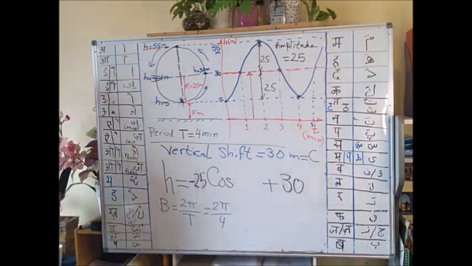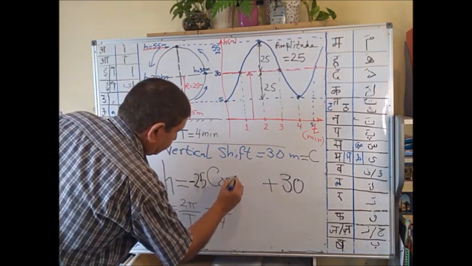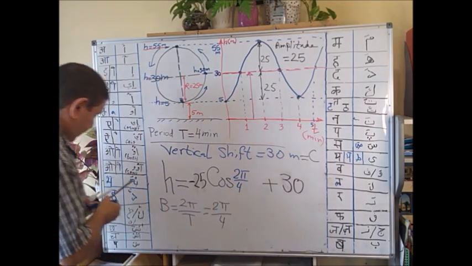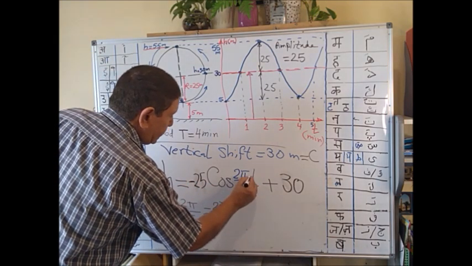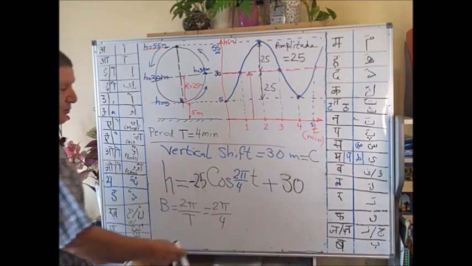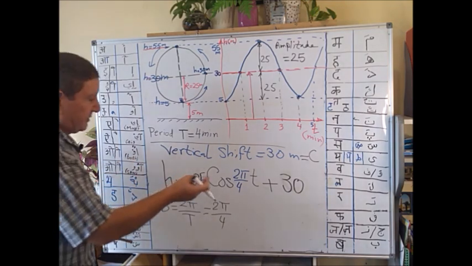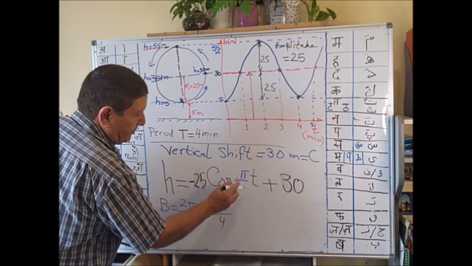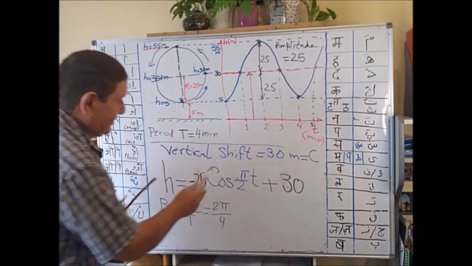And of course the variable is t. Of course, we can simplify. We divide each side by 2, so it becomes pi over 2. But it's alright, even if you want to leave it like that, that's fine.